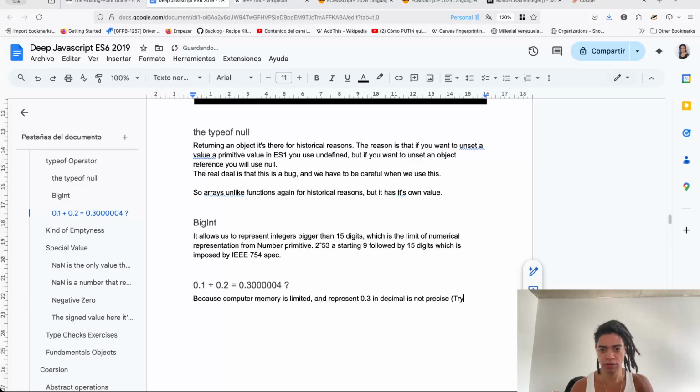So try to divide 1 by 3 and see how many digits you can get.